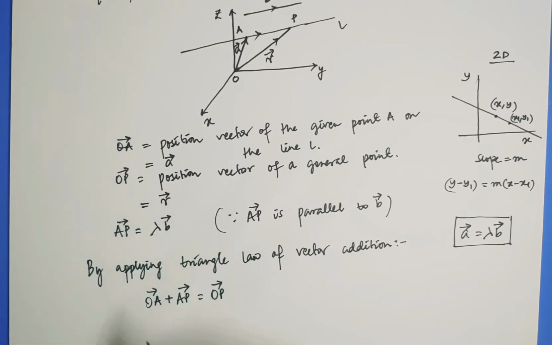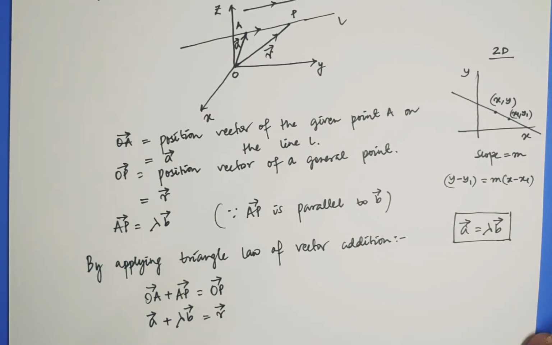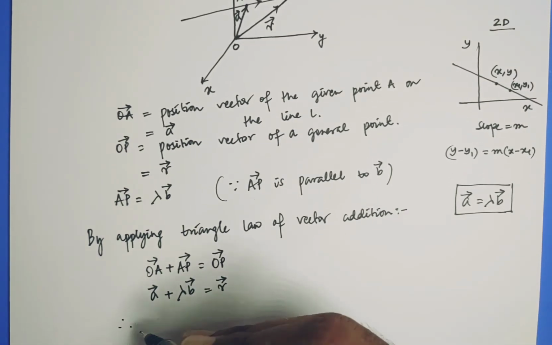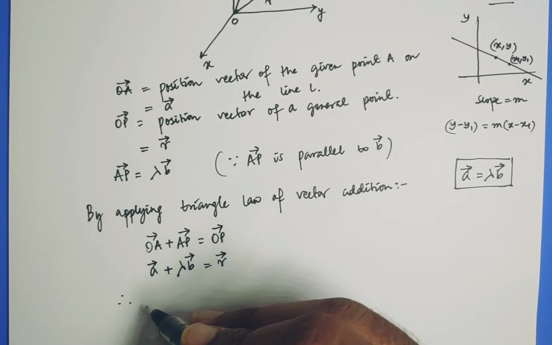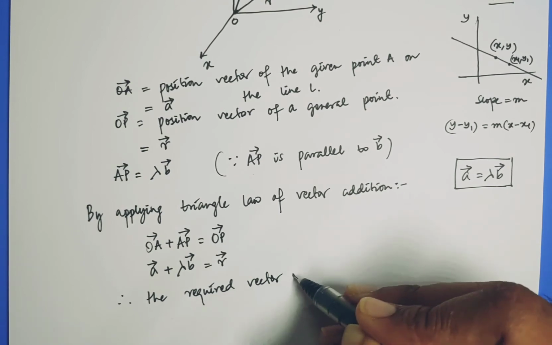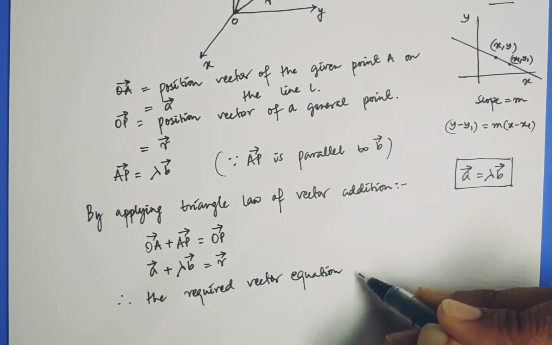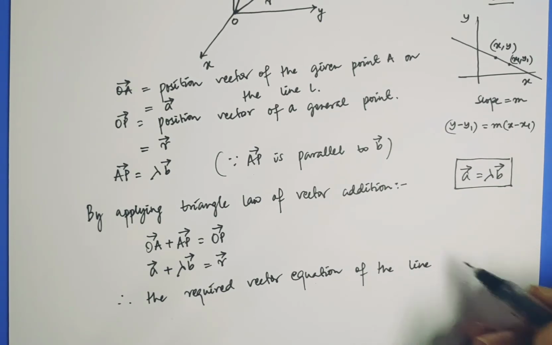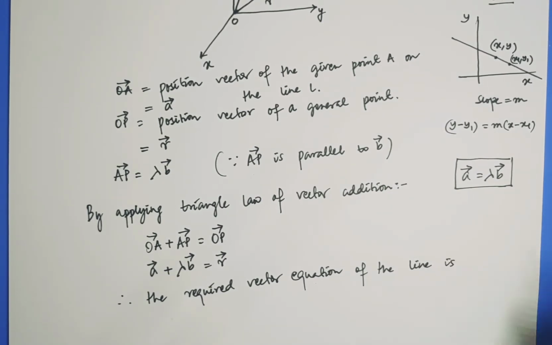So now write all those. OA vector is A vector, plus AP vector is what? Lambda B vector, and OP vector is equal to R vector. Everybody clear or not? So our required vector equation of the line is given by R vector is equal to A vector plus lambda B vector.